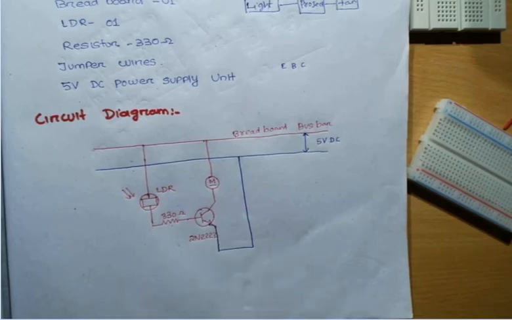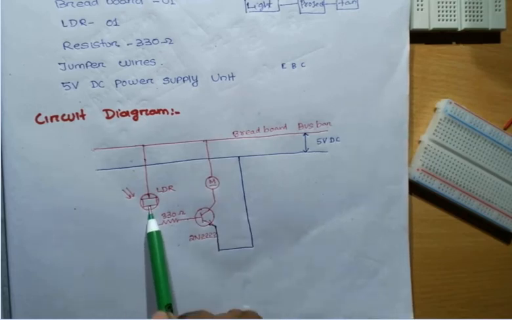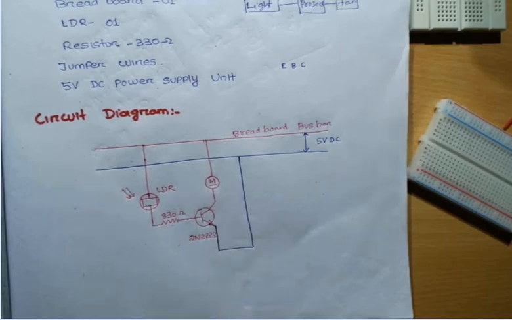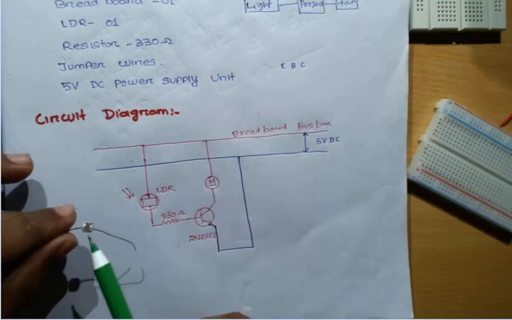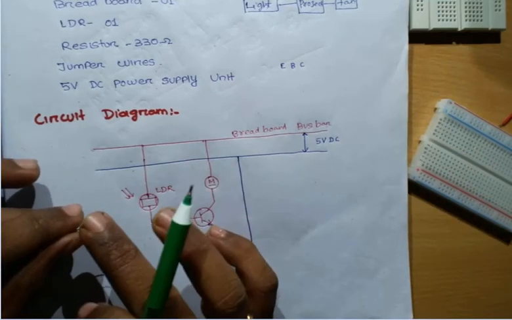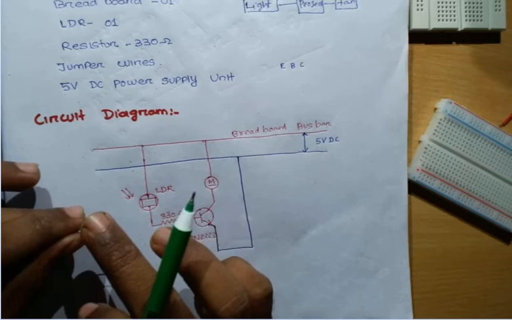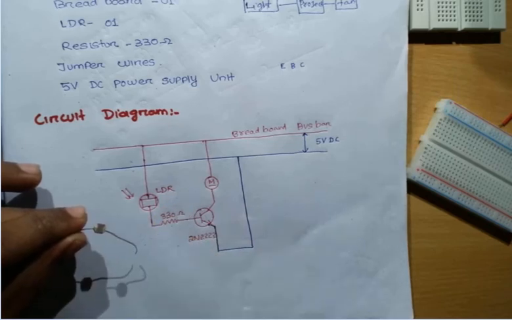As I have already told you, this LDR will offer a high resistance in the dark. It means when no light falls on this LDR, it will offer a high resistance. When light falls on it, it gives a low resistance.